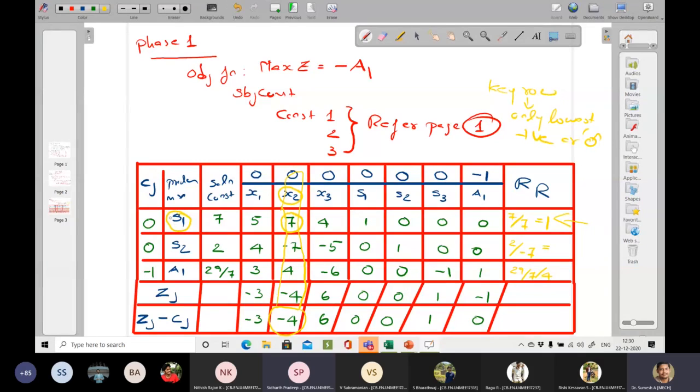Please solve and get me the next iteration. Make it fast. I have kept it over here.